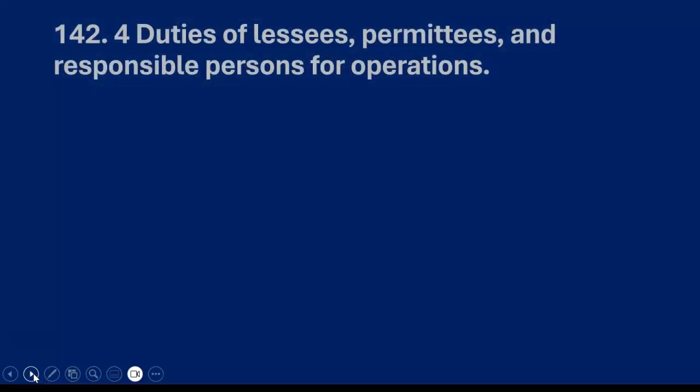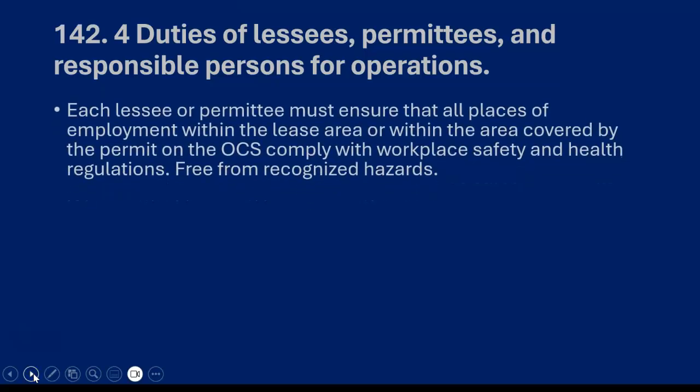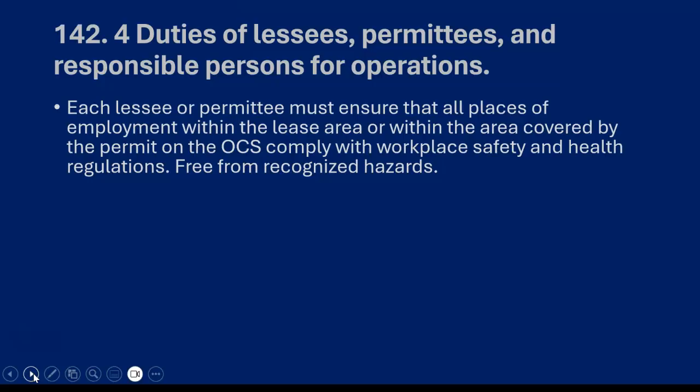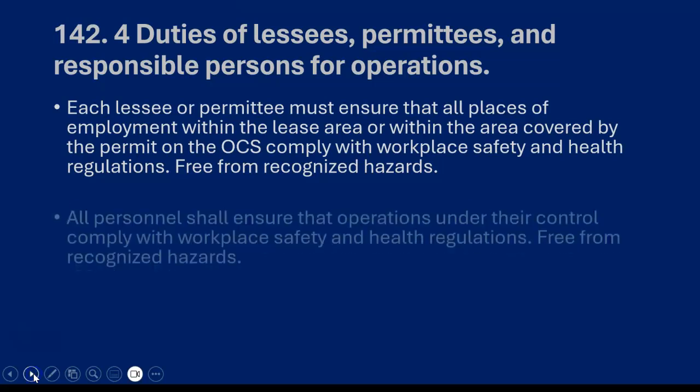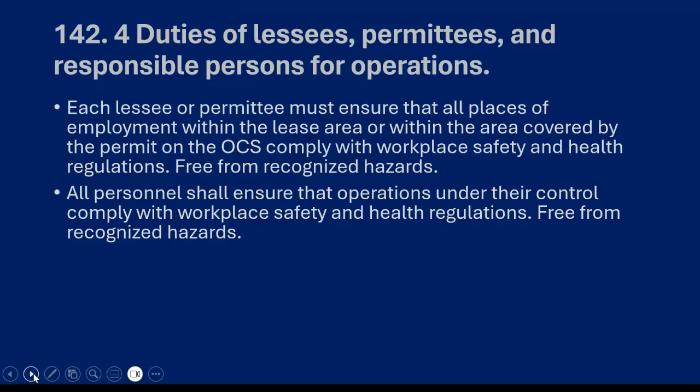Duties of lessees, permittees, and responsible persons for operations. Each lessee or permittee must ensure that all places of employment within the lease area or within the area covered by the permit on the OCS comply with workplace safety and health regulations, free from recognized hazards, and that all personnel ensure that operations under their control comply with workplace safety and health regulations, free from recognized hazards.